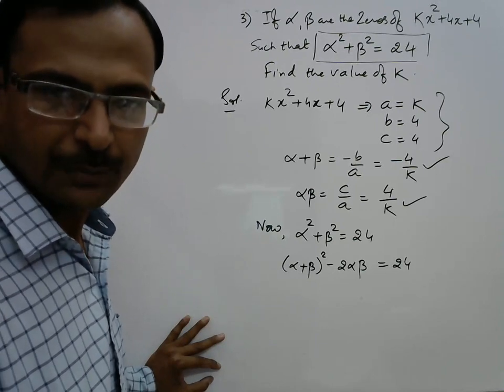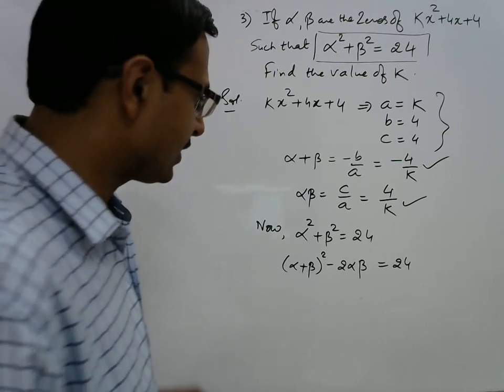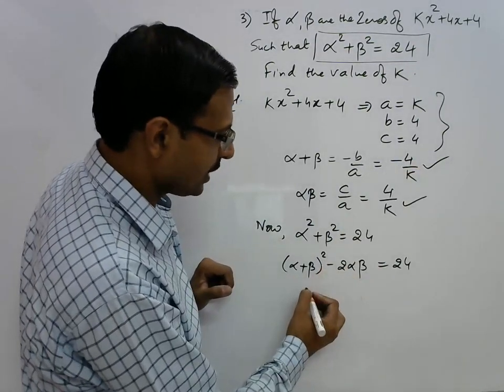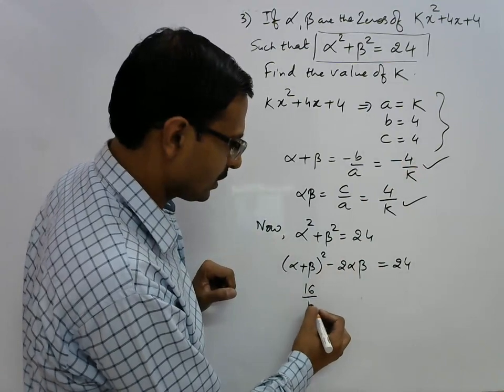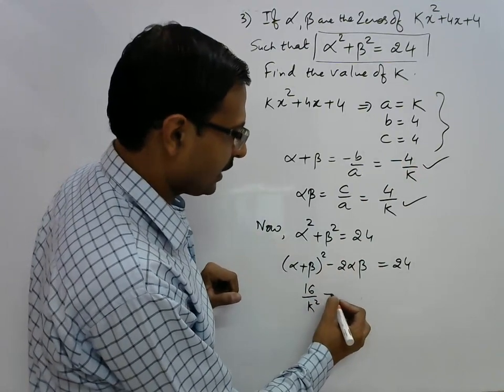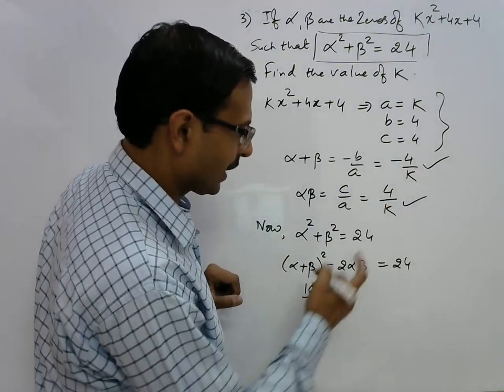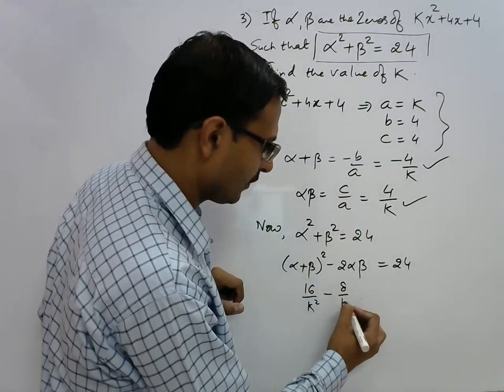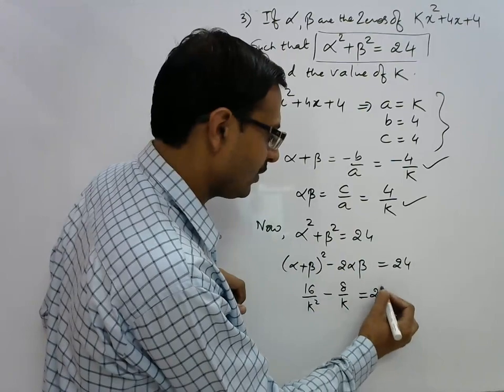In the meanwhile, I am doing the first step on the board. Alpha plus beta is minus 4 upon k. So if you square that, you get 16 upon k square minus double of this, double of 4 upon k. So that is 8 upon k equal to 24.